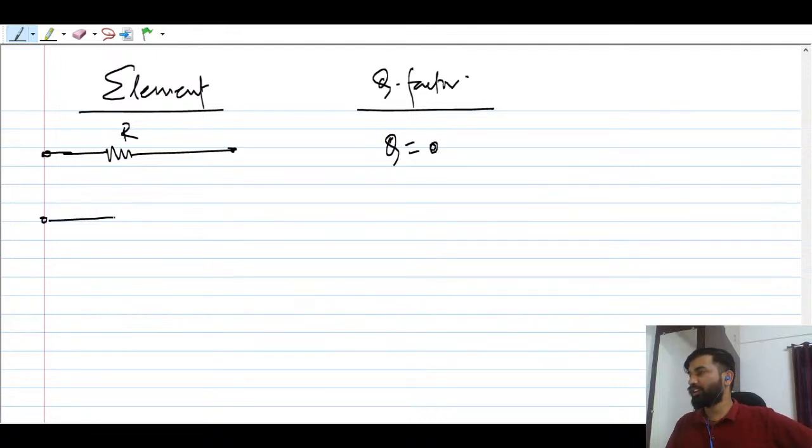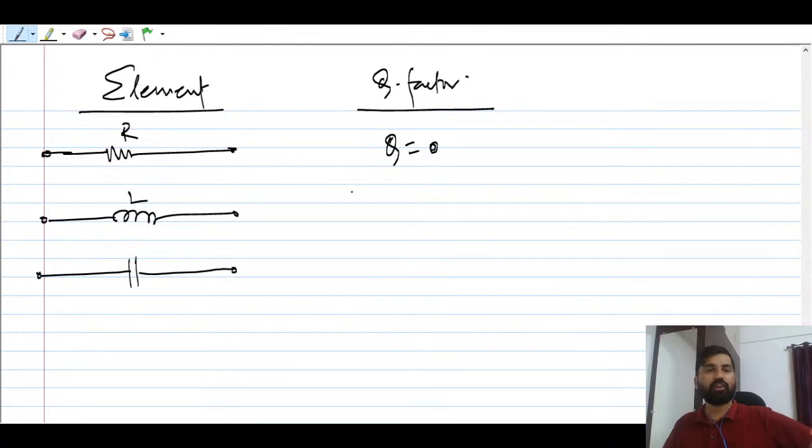And if I talk about an inductor, or a capacitor, for an inductor as well as for a capacitor, the Q is going to be infinity. Why? What is the reason? I think now you can understand.